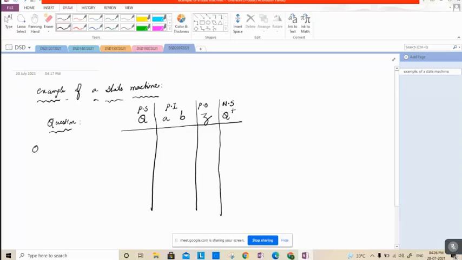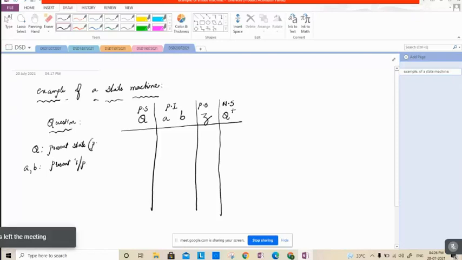Right. So here Q is considered as the present state of a function. I'll define what the function is. A, B are nothing but the present inputs. Present state is also called past output.